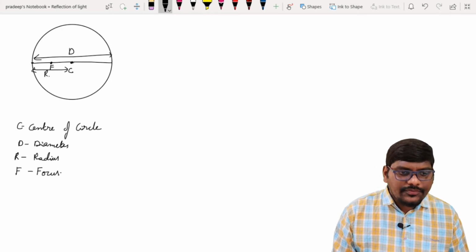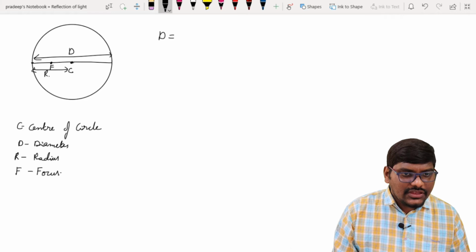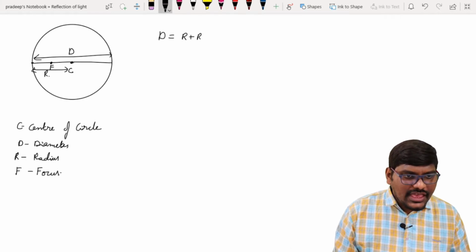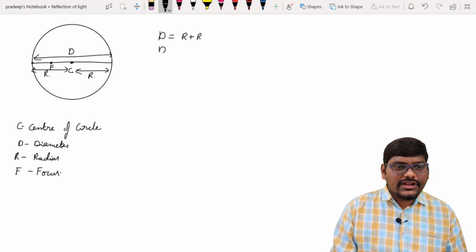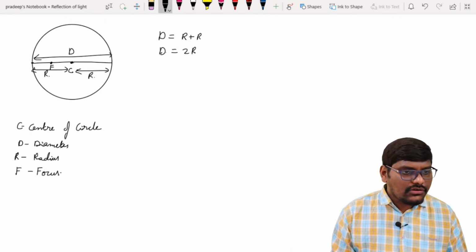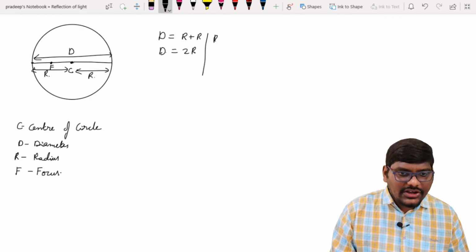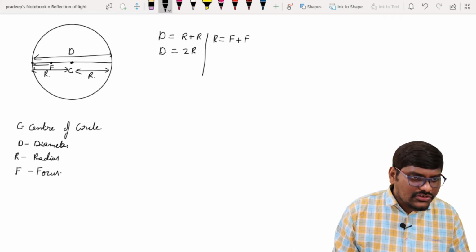Now we'll try to understand it better. In one diameter there are two radii. This is one radius and one more radius is here. So one diameter equals two radii, which is R plus R, that is 2R. Now observe the radius. One radius has two focuses, from here to here one focus and from here to here the other focus.